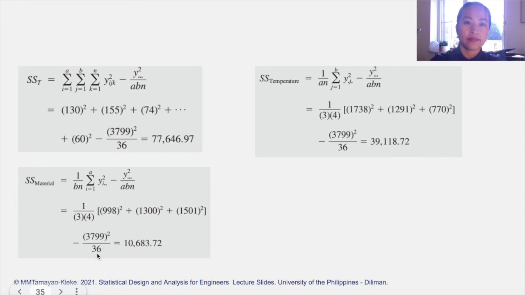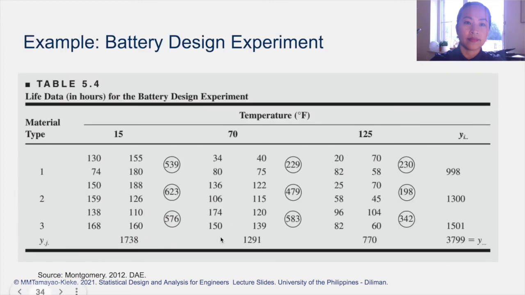So SS material is equal to 10,683.72. And then for temperature, similarly, we get 1 over 3 times 4 times the totals of the observations for each level of temperature.